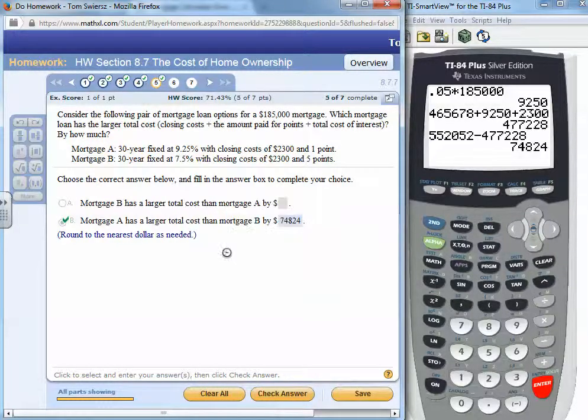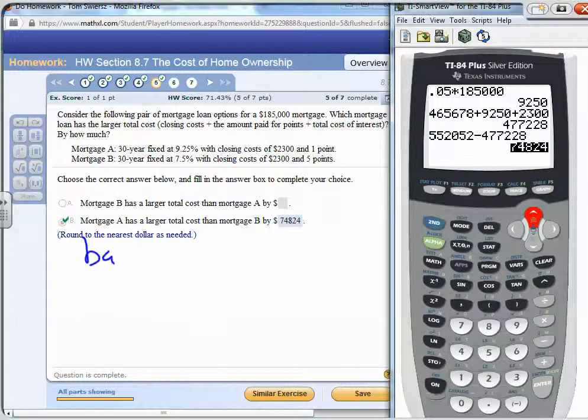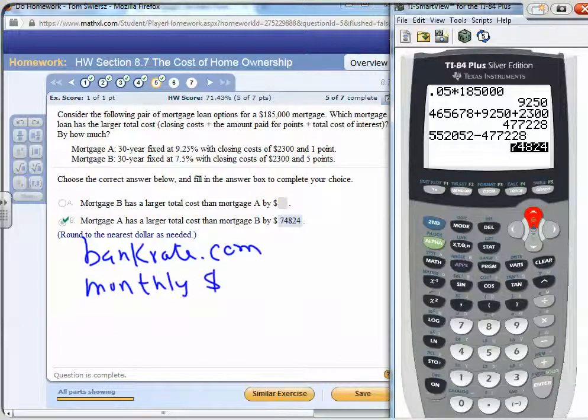Okay, so again, we did the monthly payment. We got the monthly payment for each mortgage from bankrate.com. And then it was the monthly payment times 12 times 30, to get the total money they spent on monthly payments.